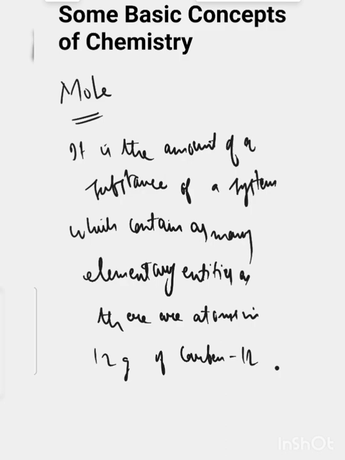So you got the concept. I repeat, it is the amount of a substance of a system which contains as many elementary entities as are present in 12 gram of carbon 12. So this is mole.